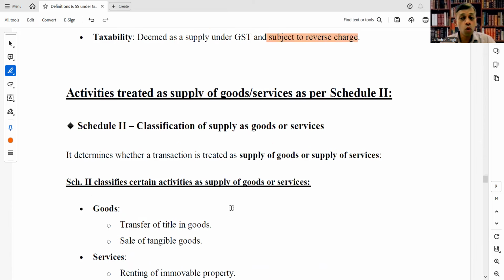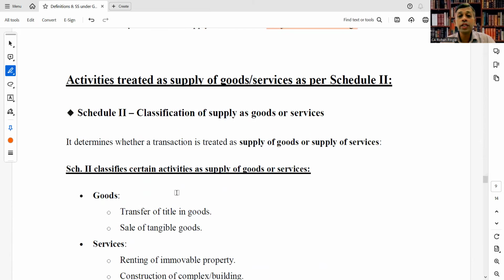Now we will move on to activities treated as supply of goods or services as per Schedule 2. Actually, Schedule 2 is used for classification of supply as goods or services.